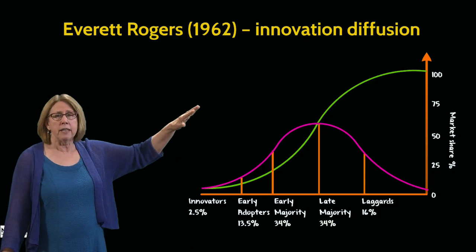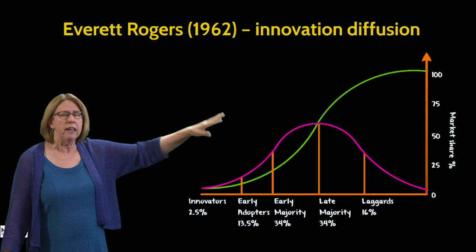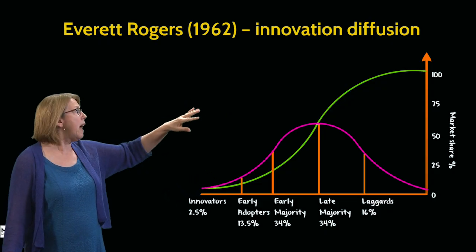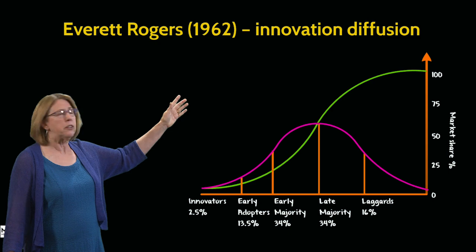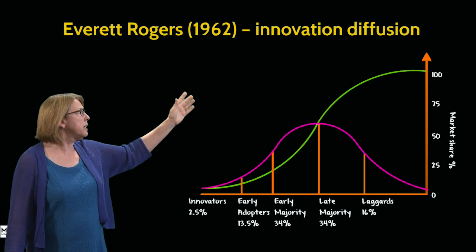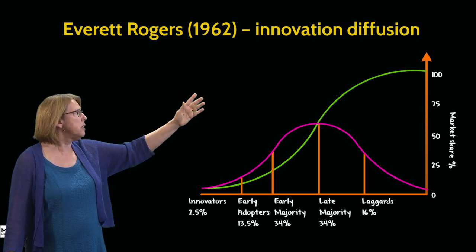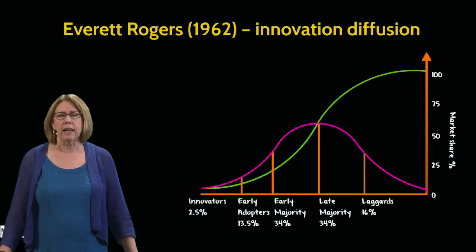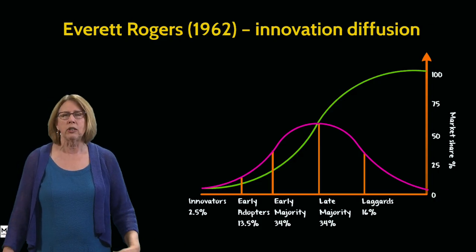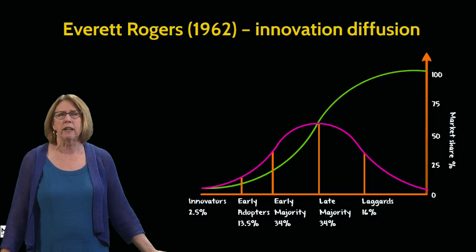Now, not every technology has exactly this pattern, but the general idea that the innovators have to break the ground first, and then you get to the early adopters, et cetera, has been an important factor in planning out how you actually introduce a product to market.